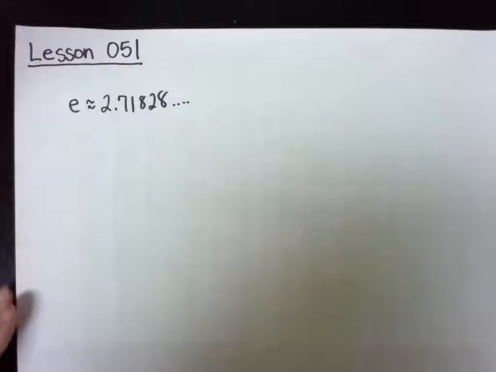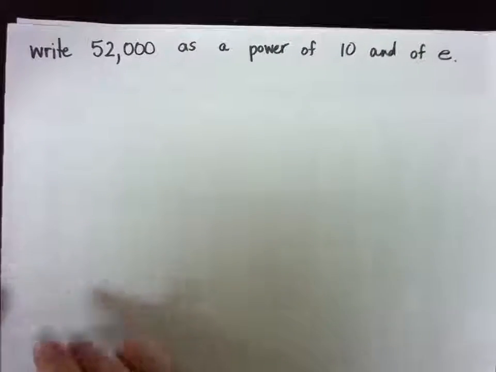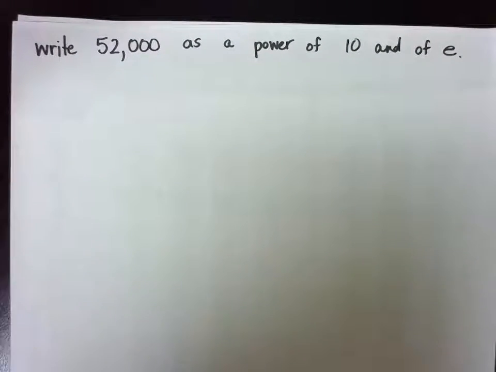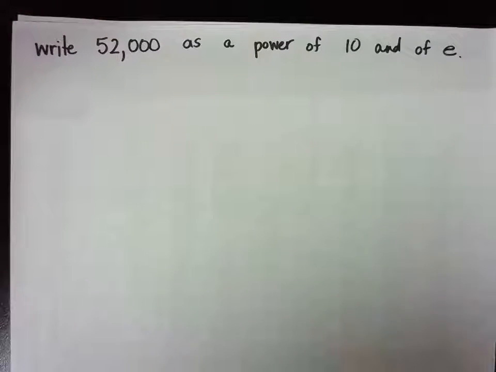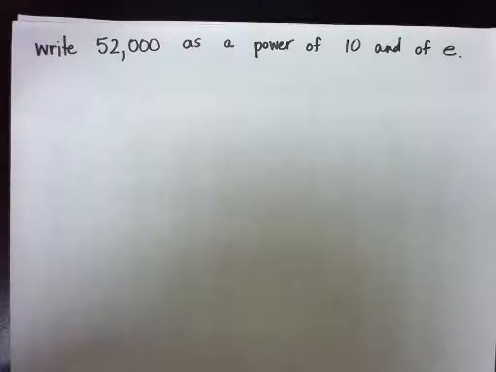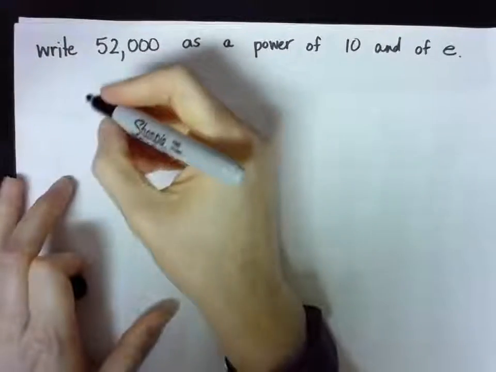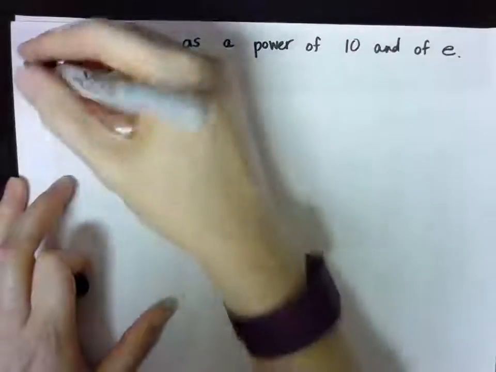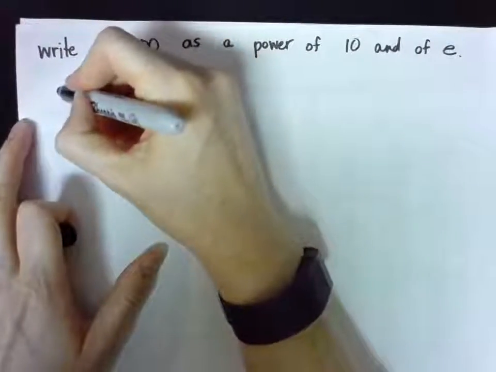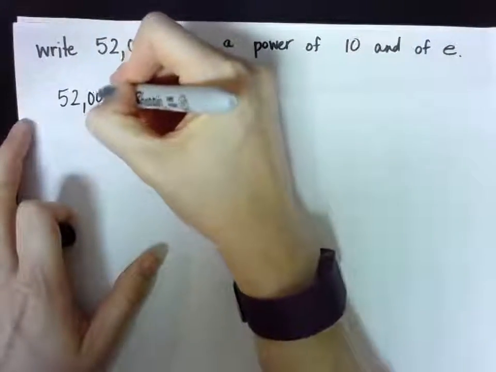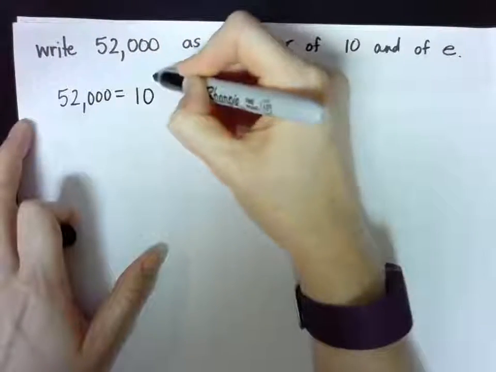So our first problem is we'd like to write some number like, let's say, 52,000 as a power of 10, and then write it also as a power of e. So the first one, writing as a power of 10, we want 52,000 to be written as 10 to some power.